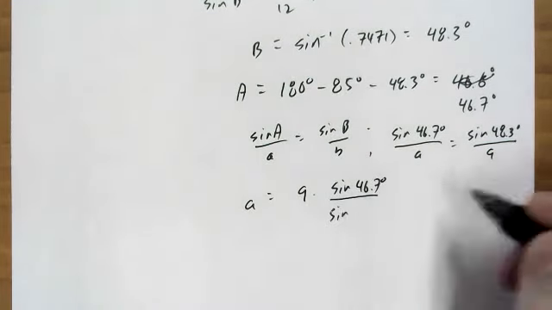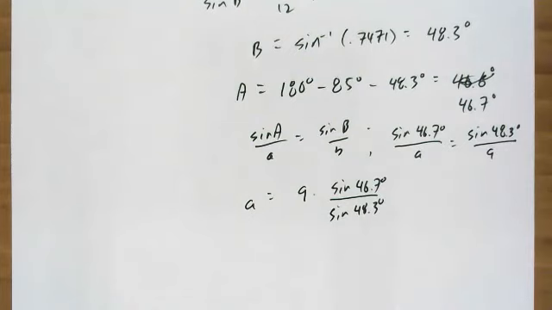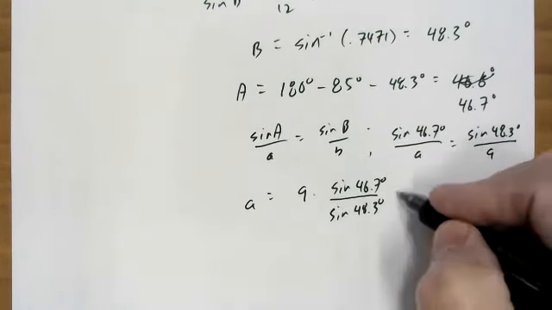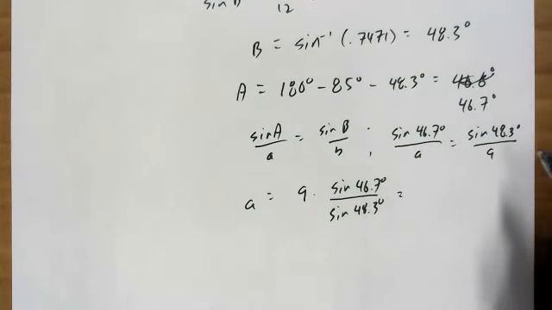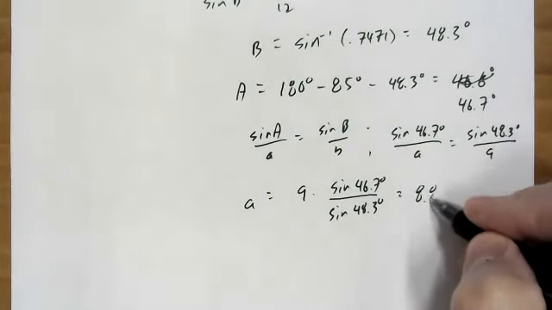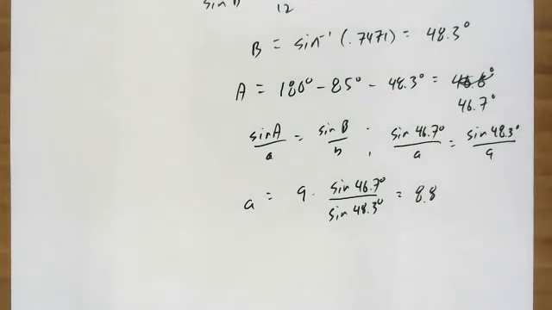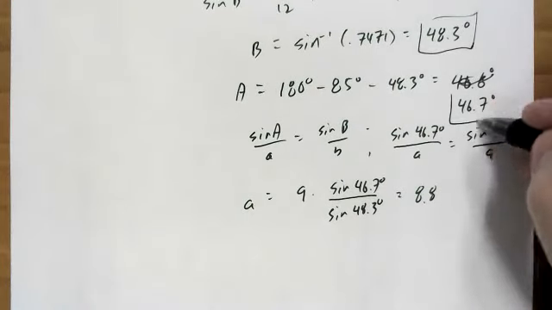So try to be careful. As I've been doing these problems, I've already made a couple mistakes getting my fractions upside down. So this is going to be 8.76, or I guess I said 8.8. So there is definitely triangle 1.